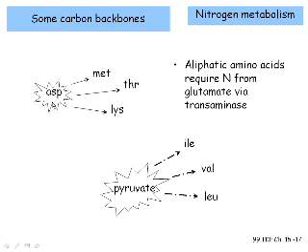Aspartate provides some of the carbon backbones for several of these essential amino acids: methionine, threonine, lysine. Pyruvate can give rise to isoleucine, valine, and leucine in organisms that are capable of doing that. So we can see that these glycolytic intermediates and citric acid cycle intermediates are important for the essential amino acids as well as for the non-essential ones.